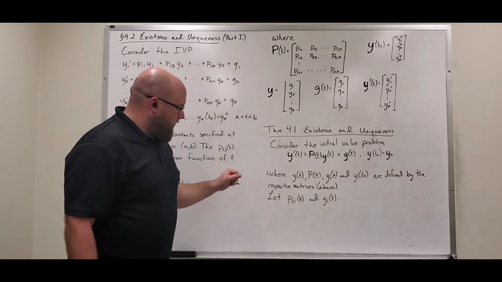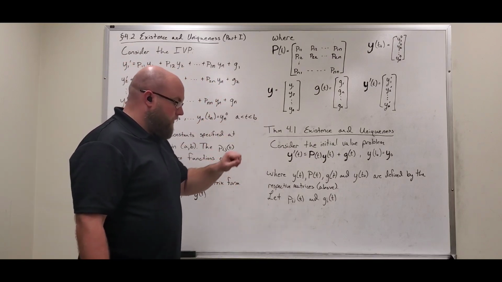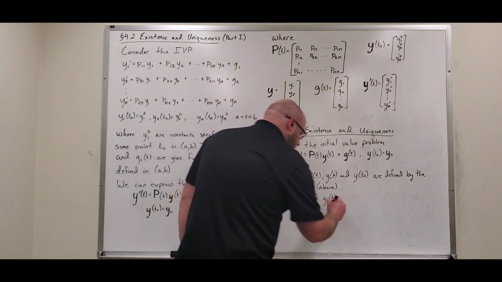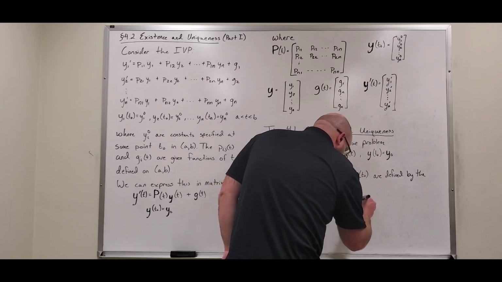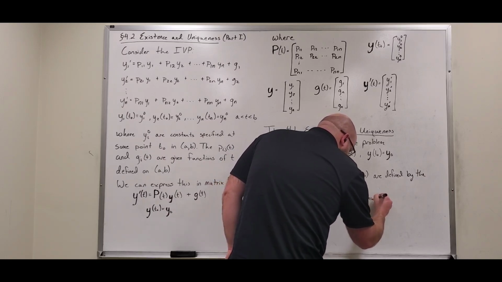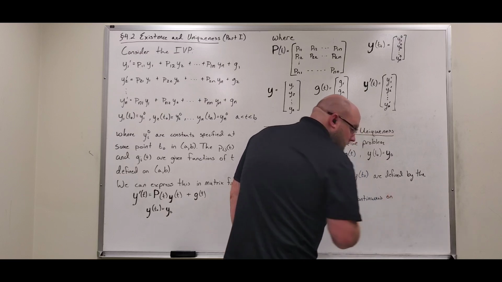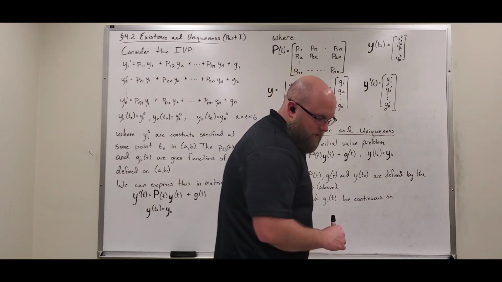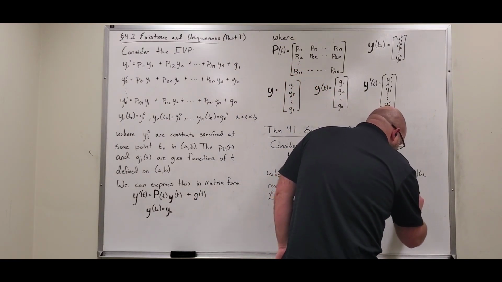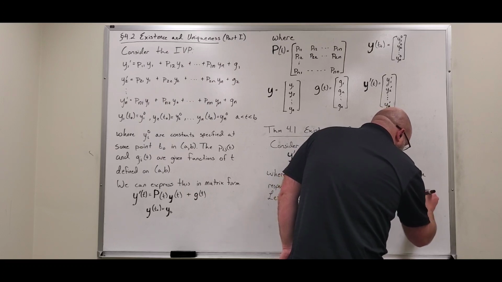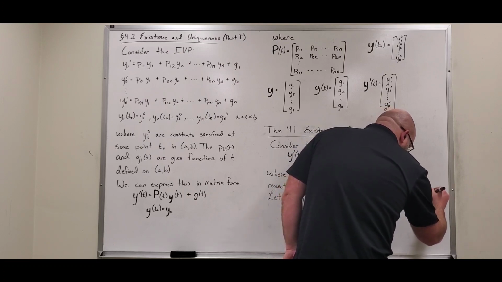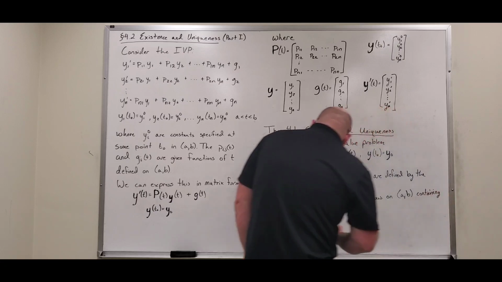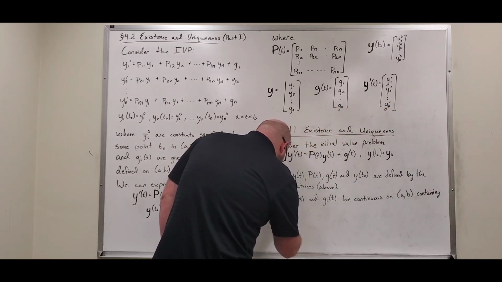So let those guys, every single one of those, this is the kicker here, be continuous on the interval a b, containing, this is the important part, t sub 0.